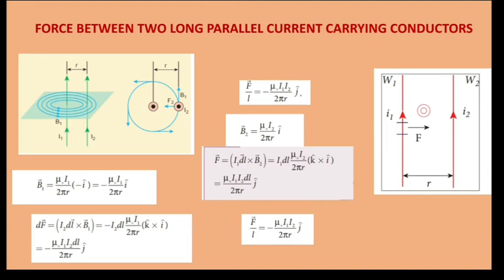So the Lorentz force on the element dl of conductor B is dF vector is equal to I2 dl vector into B1 vector, that is equal to minus I2 dl mu 0 I1 by 2 pi r into k cap into i cap. So minus mu 0 I1 I2 dl by 2 pi r j cap.